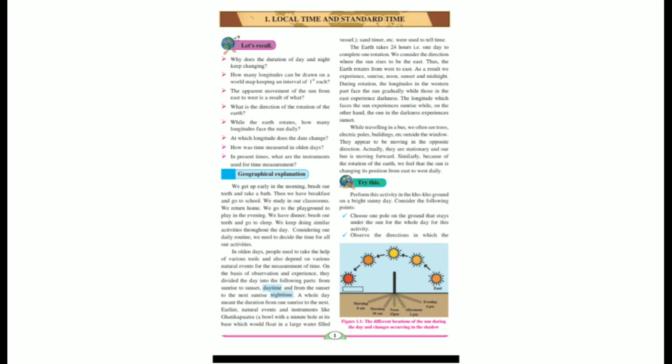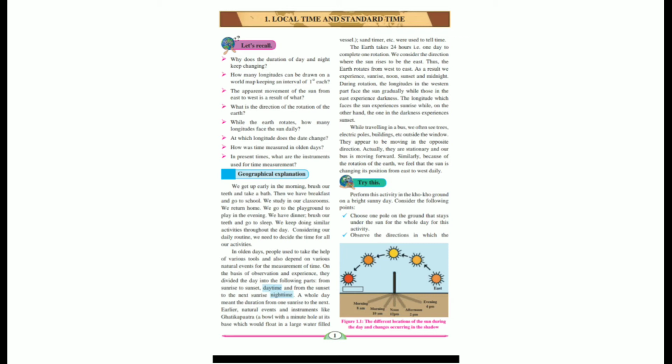Now, while traveling in a bus, we often see trees, electric poles, buildings, etc. outside the window. They appear to be moving in the opposite direction. Actually, they are steady, but our bus is moving forward.